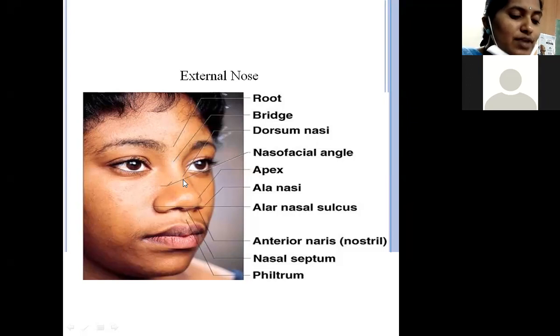And we have the anterior openings, called anterior nares or nostrils. Both are separated by the nasal septum.